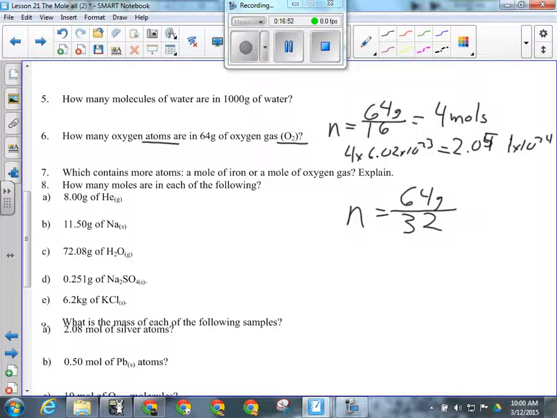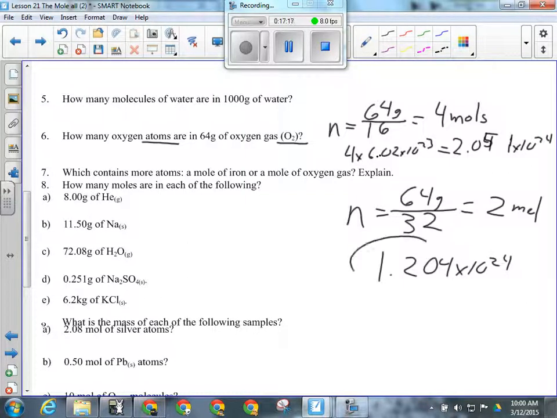If you divide by a number that's twice as large, you get a number that's half as large. So instead of 4 moles, I now get 2 moles. When I multiply this by 6.02, I get 1.204 times 10 to the 24, which is half of that number, agreed?